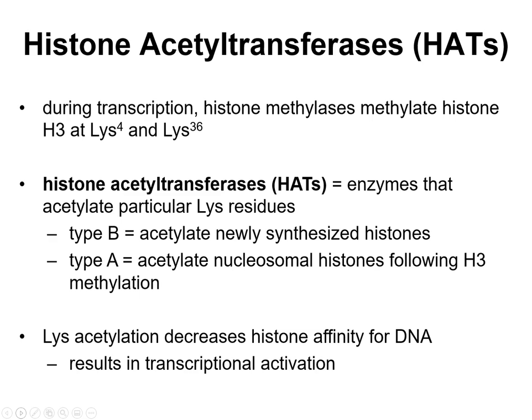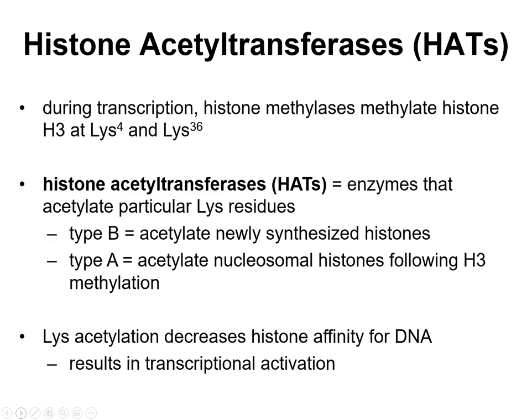But these HATs will acetylate particular lysine residues, and there are two different types of HATs. There's type B, which will acetylate newly synthesized histones. So that's part of the whole protein metabolism, right? And then there's type A, which will acetylate nucleosomal histones following H3 methylation. So it recognizes methylation on that N-terminal tail, and then it says, okay, my turn, and it'll add an acetyl group.